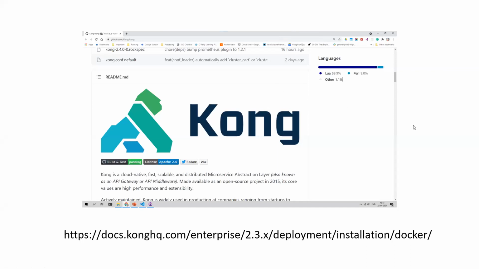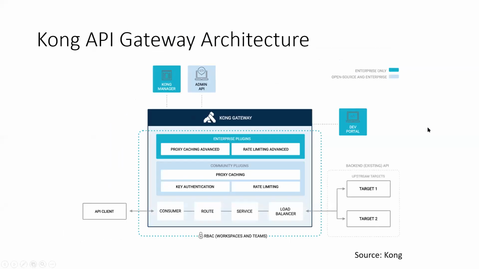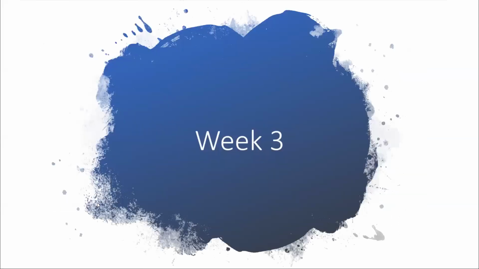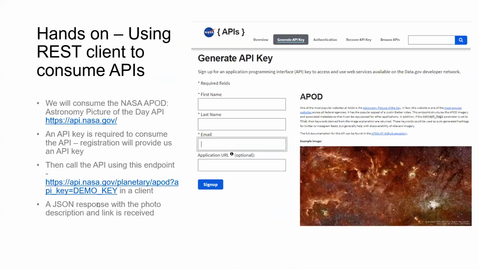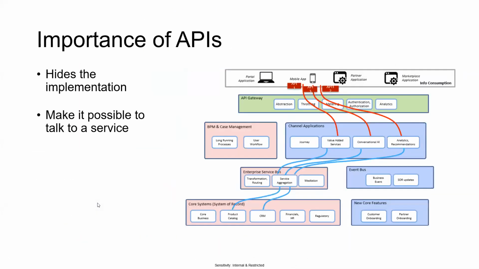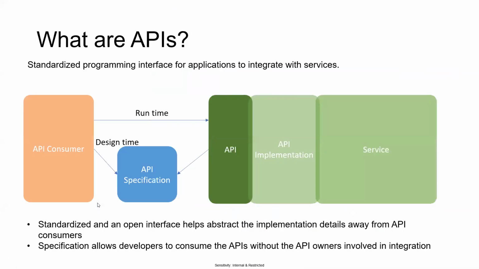Good. All right. So now I'll give a bit of an overview of Kong Gateway, how it would look. If you remember the diagram that we showed earlier, this is a view of how an API would look, the API specification, the API itself, its implementation, and the service.